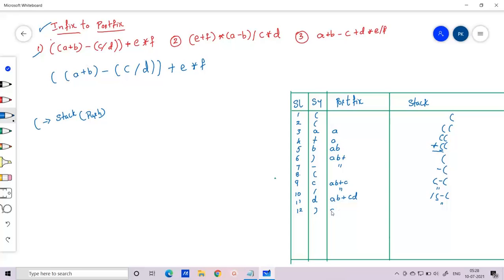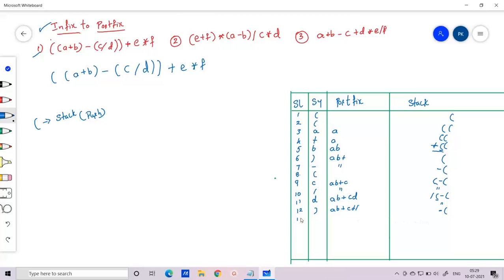So then I'll get the result as AB plus C D, and that divide by symbol will be written after D. This opening bracket will be removed, so the rest of the things in the stack will be only minus and an opening bracket.